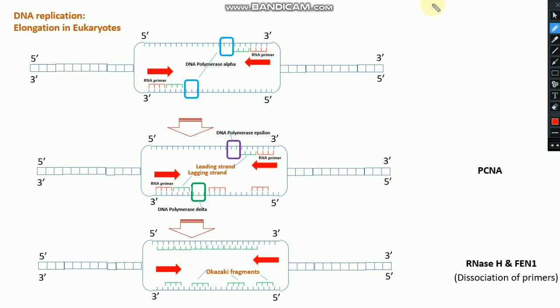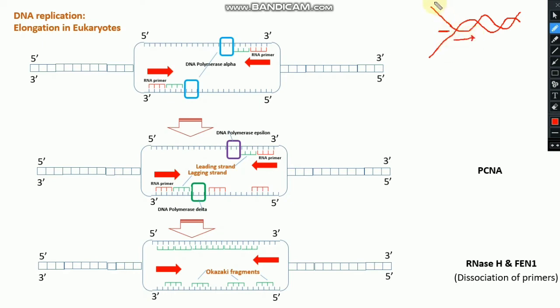So actually, this is the one strand that's separated, and this is the double strand, and here the DNA helicase works in this direction.